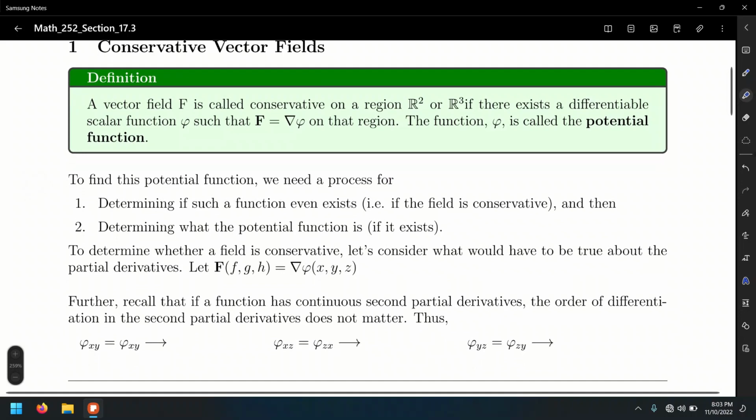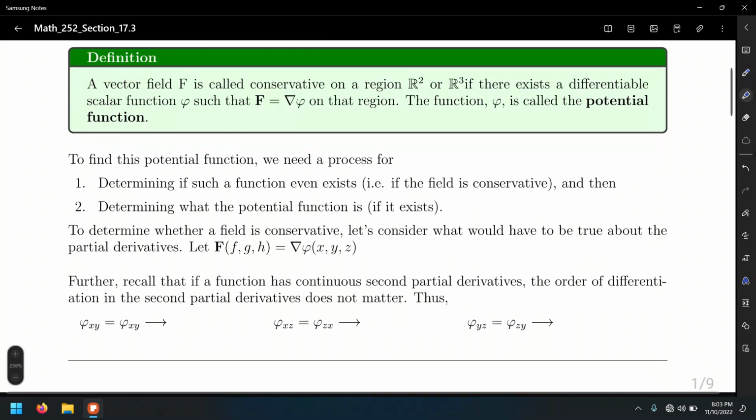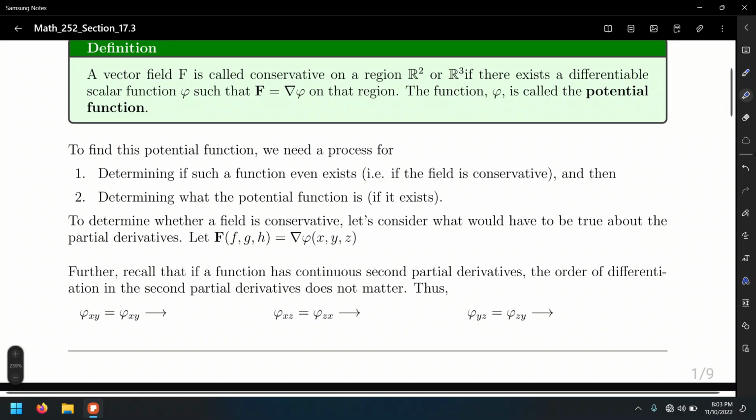Once we know that it exists, we proceed to find it. And what do we need to do to find that potential function? Partial integration. Because think again of some function for which we took the derivative, that is the gradient here.